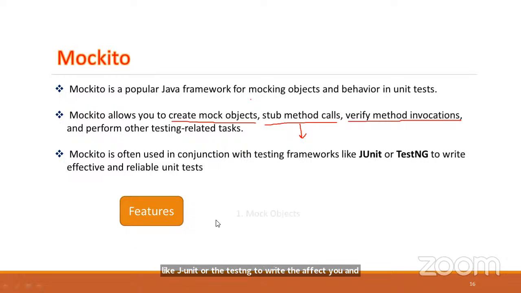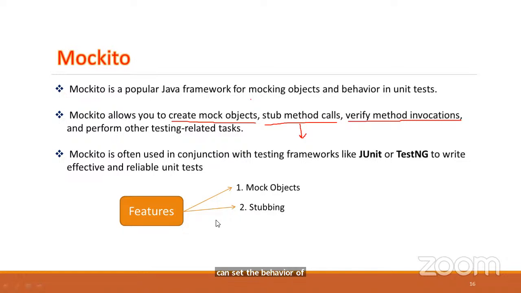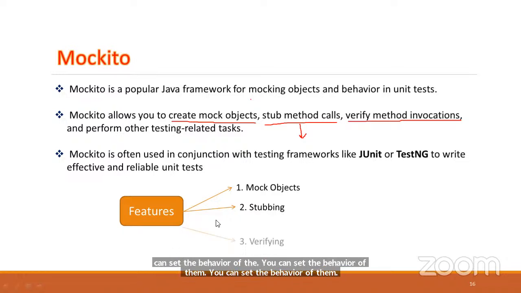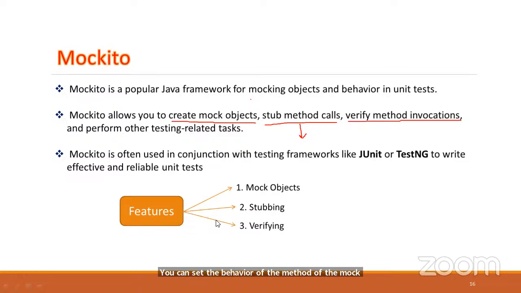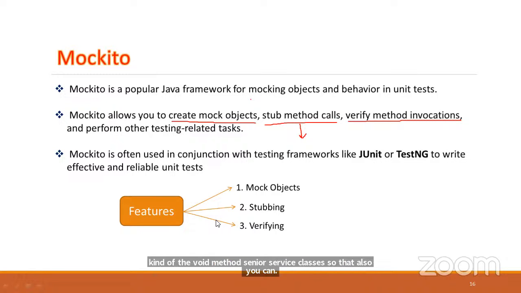Okay, some of the features. Mocking of objects: as I told you, you create a dummy object for the original object. Stubbing: once the object is mocked, you can set the behavior of the method of the mock object. That is called stubbing. Verifying: as I mentioned, for any void methods in your service classes, you can verify their behavior as well.